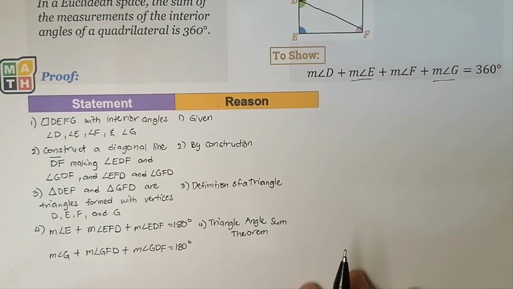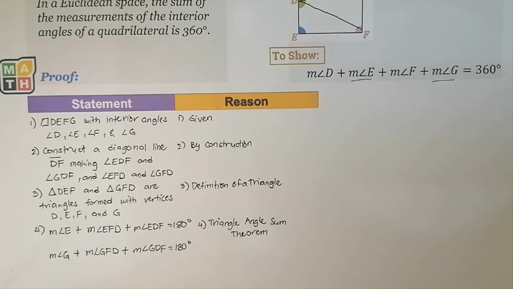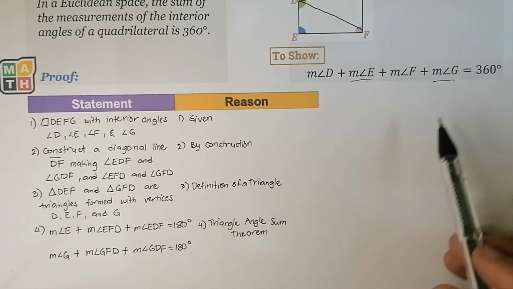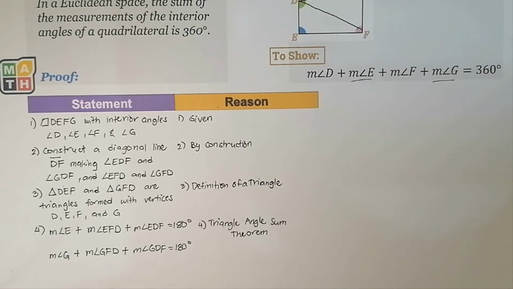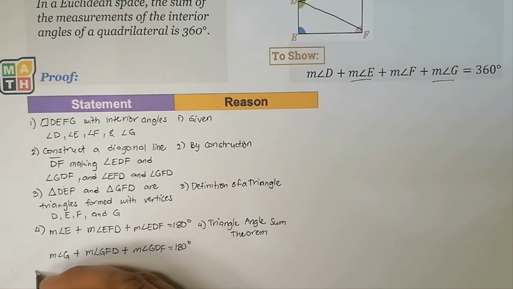Let us try to move this up a little bit. I'm going to add these two statements here so that this side here will reach 360 degrees and we are almost there already. So pardon if I'm going to make it like this. Statement number 5.